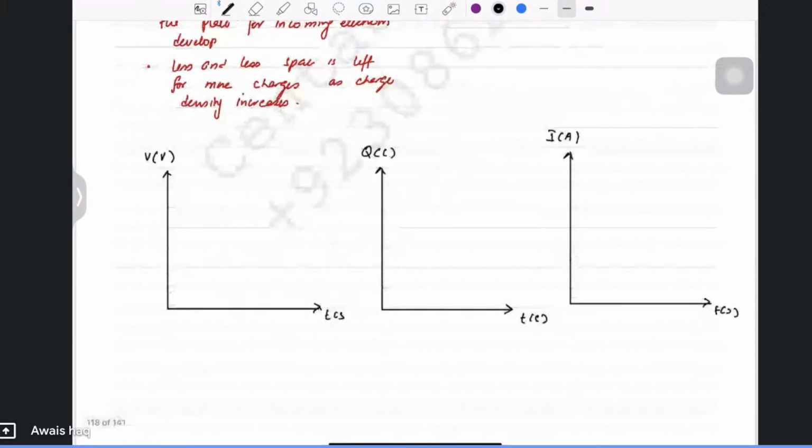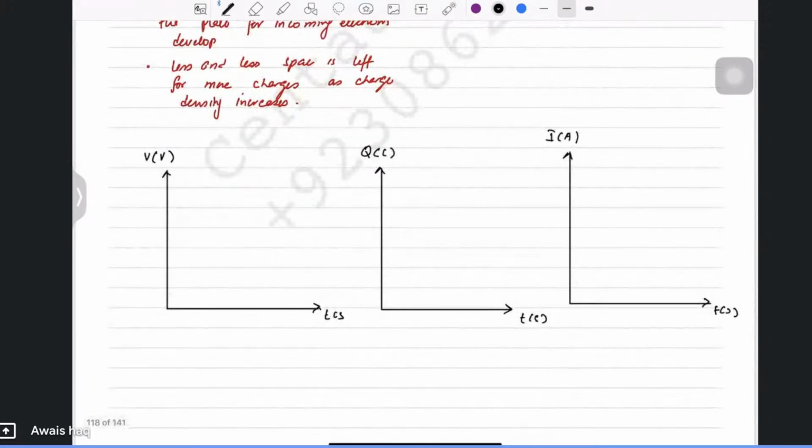So side by side, this is the voltage across the capacitor, and this is the charge on one plate, and this is the current in the circuit.